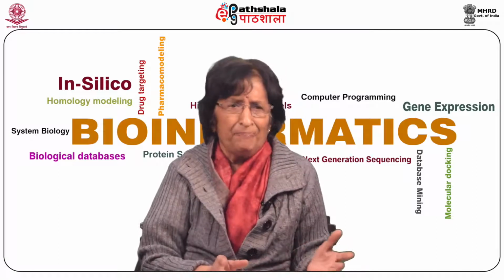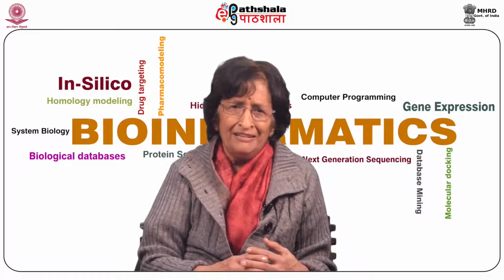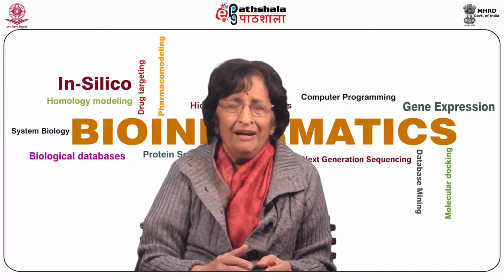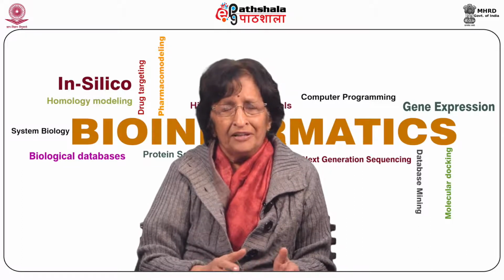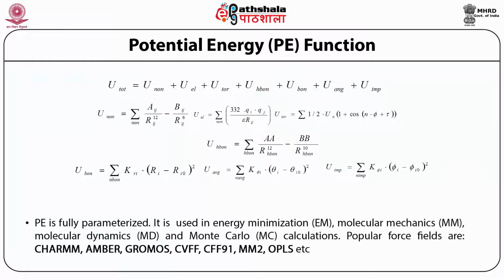Later, many people worked on this conformation energy minimization using atom-atom energy function, and other scientists modified these techniques. We show in this slide the potential energy function that can be used in most of the calculations.